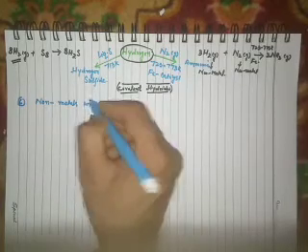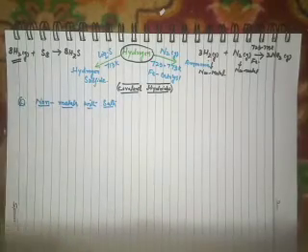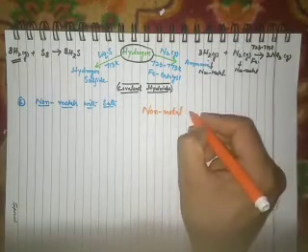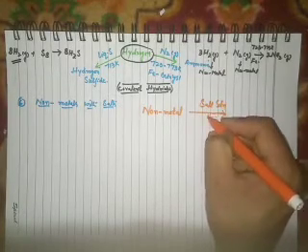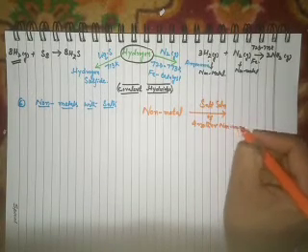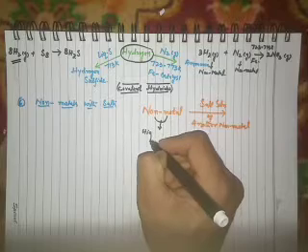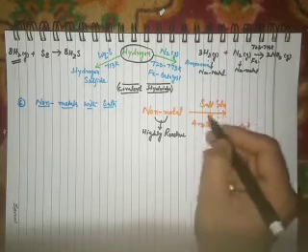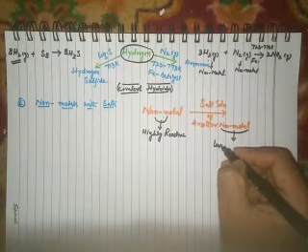Dear students, now coming to the sixth chemical reaction of non-metals, that is reaction of non-metals with salts. Dear students, if we take a non-metal and we treat it with a salt solution of another non-metal, and if this non-metal is highly reactive and the salt is of a non-metal which is less reactive.